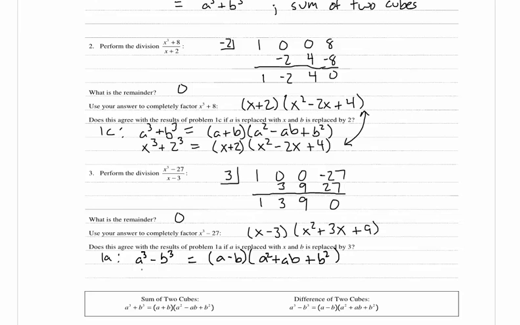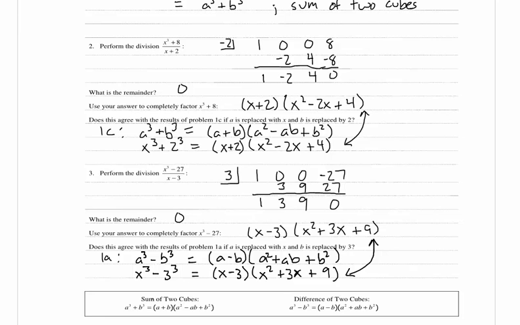And now we want to replace a with x, so we're going to have x cubed minus, and we want to replace b with 3, so we're going to have 3 cubed, and that's equal to x minus 3 times x squared plus 3x plus b squared, and b is 3, so b squared is 9, and you can see that we have agreement.